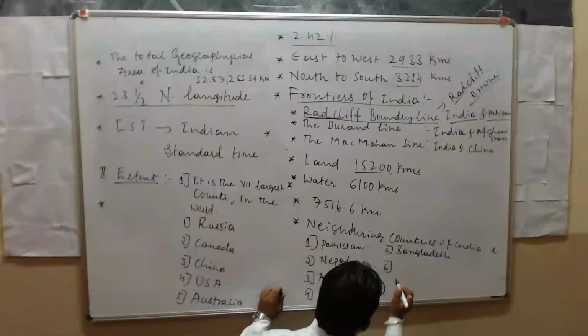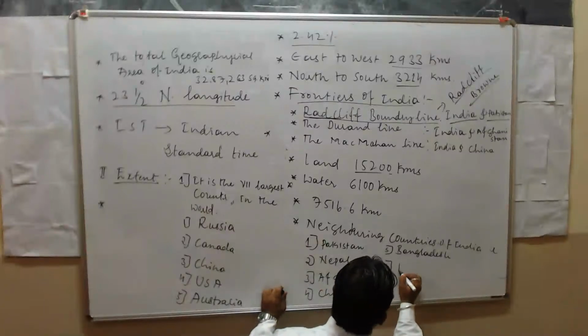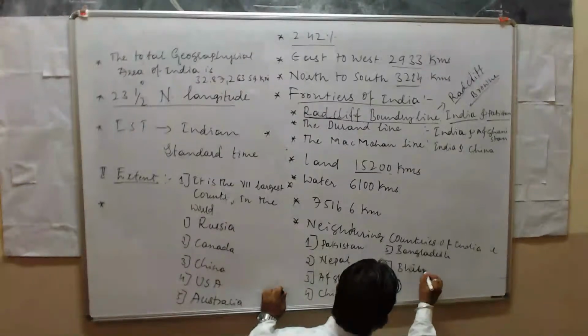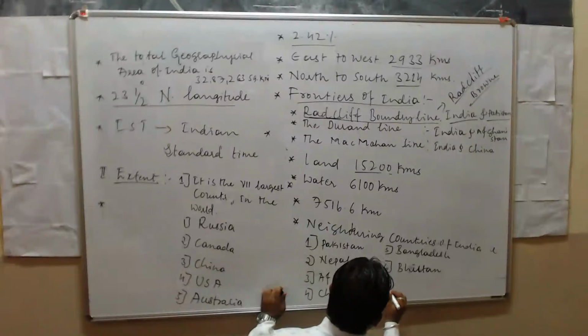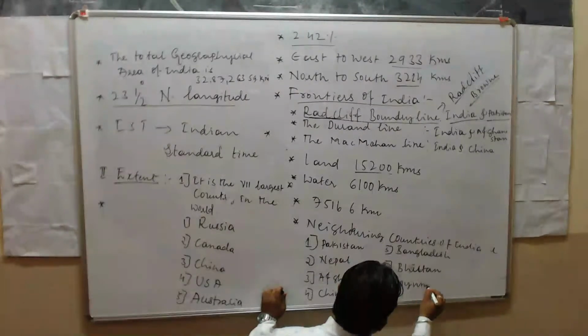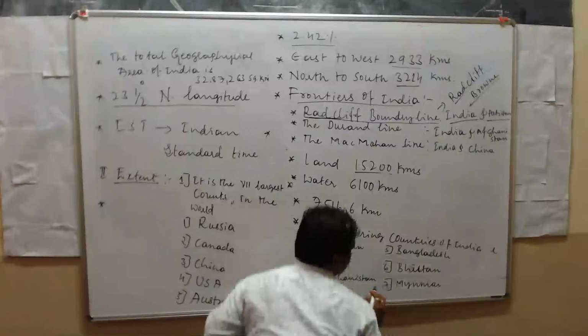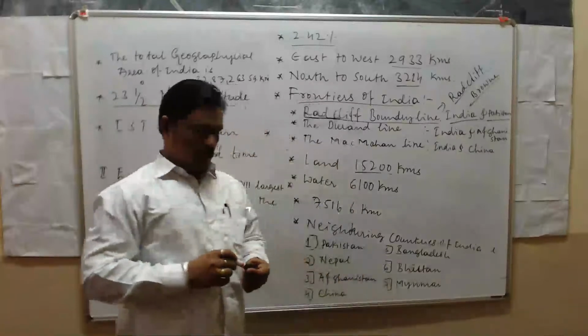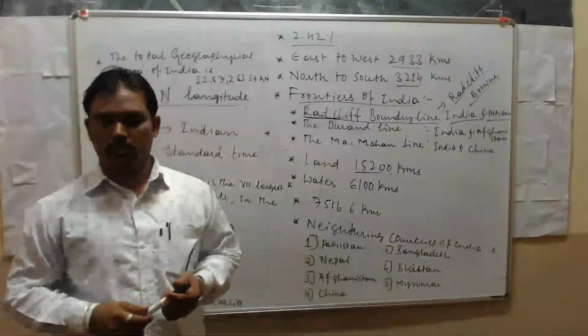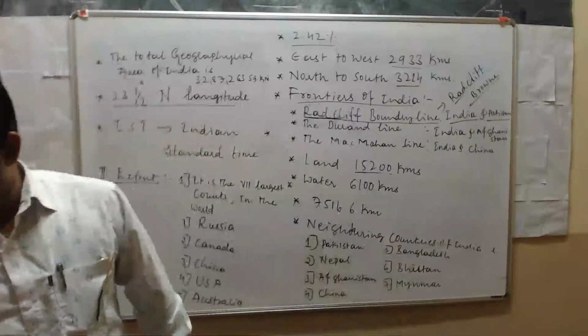Sixth one, Bhutan. These are the seven neighboring countries of India.